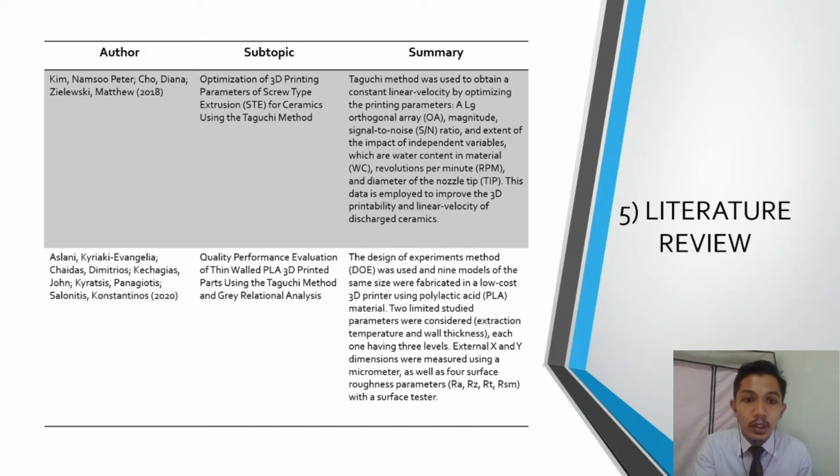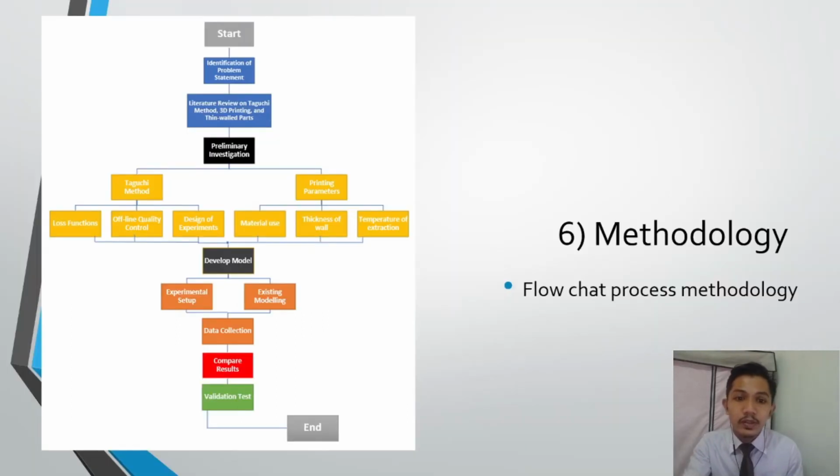Lastly, is the evaluation of quality and performance of thin wall parts using 3D printing as well as the Taguchi method. Researchers use the design of experiments and 9 models of the same size are manufactured in low-cost 3D printing using PLA. Last on the slide is methodology.